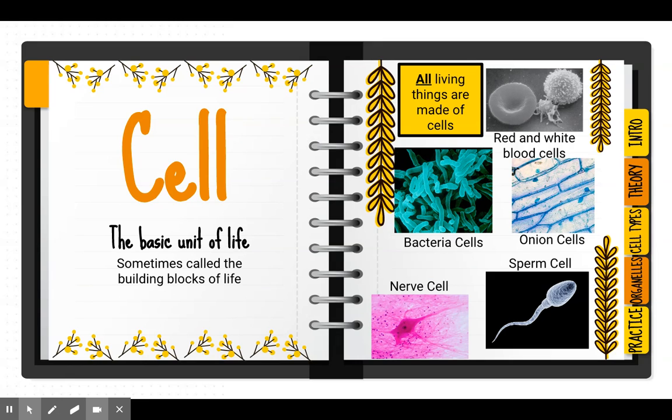So, we are studying cells because cells are the basic unit of life. They are the building block of life. All living things are made of cells because it's at the cellular level that all of the functions of life actually happen. We need materials.